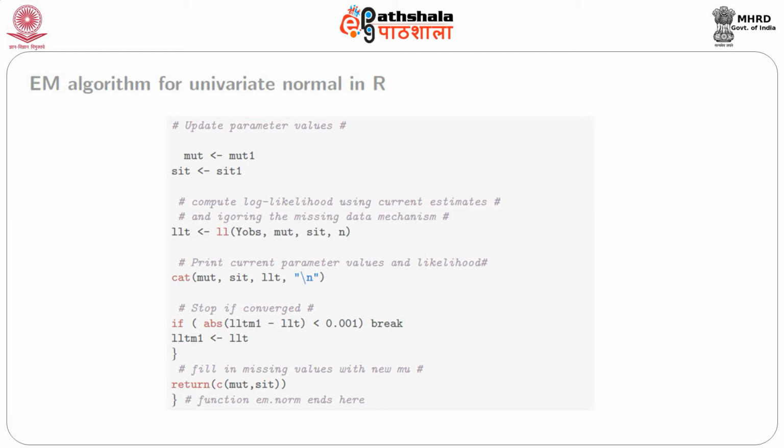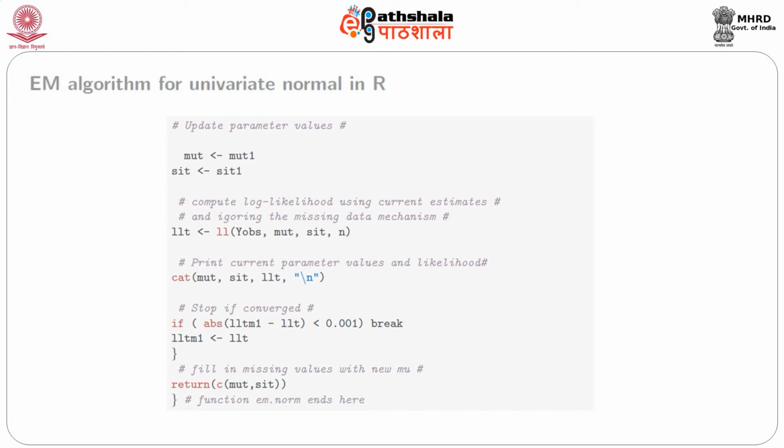So if this condition is satisfied, that the absolute value of the difference of the two log likelihoods in any two steps is less than 0.001, then we stop. And then we say that the final value of LLTM1, that's the log likelihood of the previous step, is equal to the log likelihood of the next step.